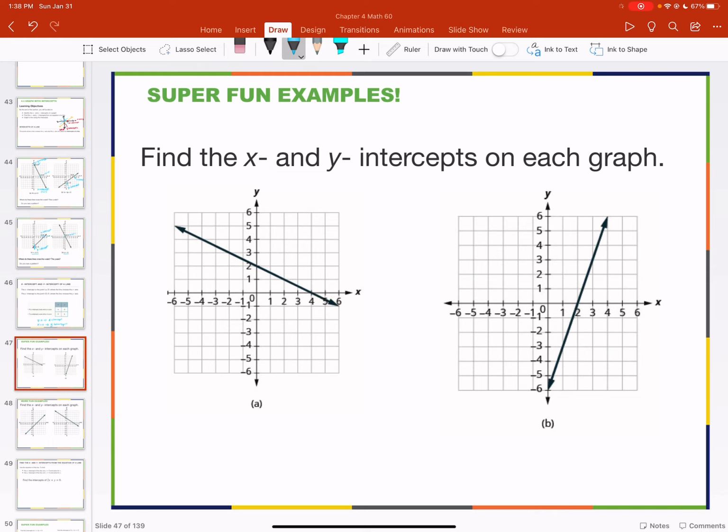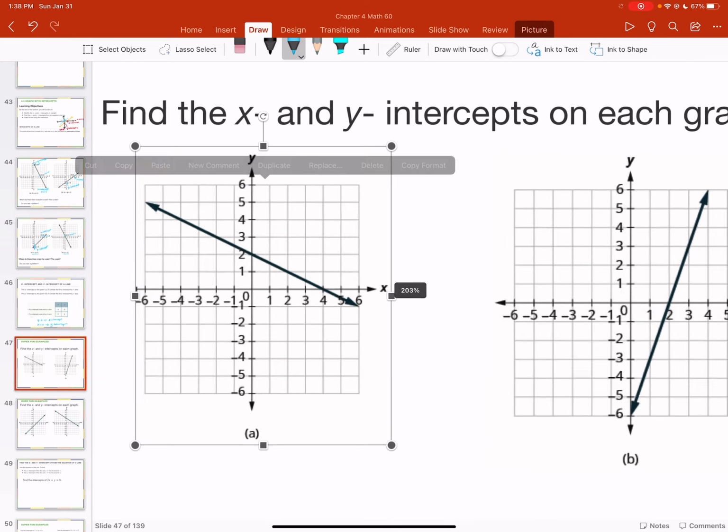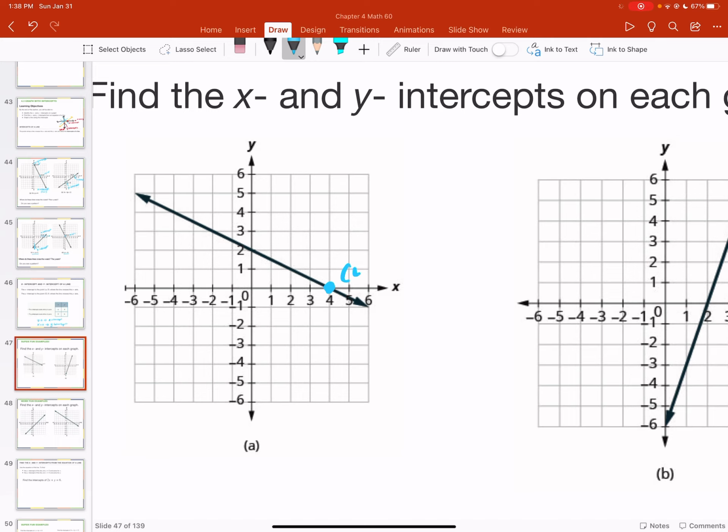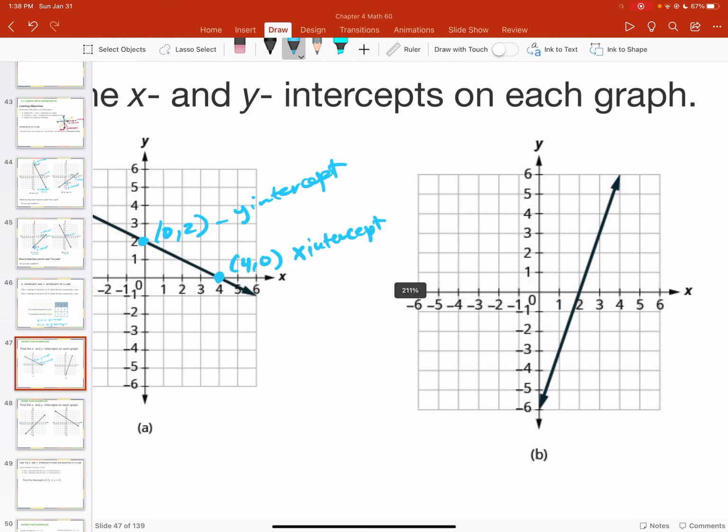Let's say we want to find the x and y intercepts on each graph. This is nice because we can do it just by looking, since it's already graphed. Here we have 4, 0, so that's the x-intercept. And then the y-axis, it crosses here at 0, positive 2. That's the y-intercept. Not too bad, right? How about this one?